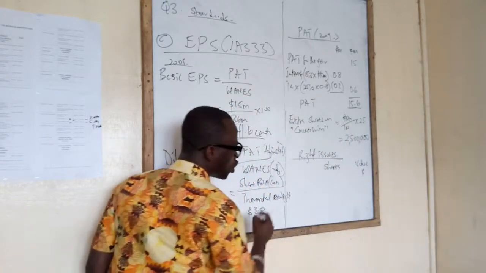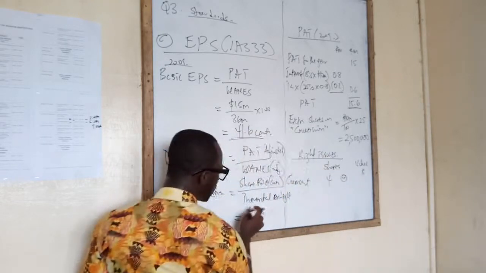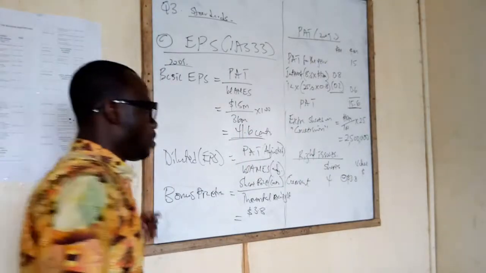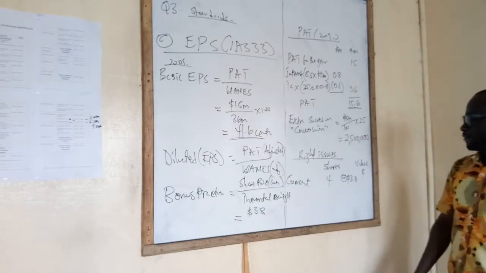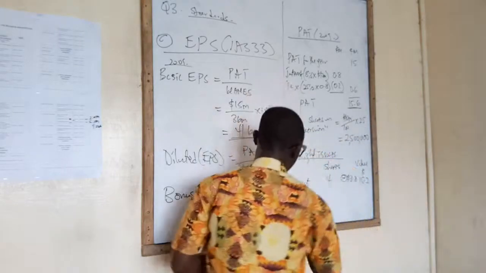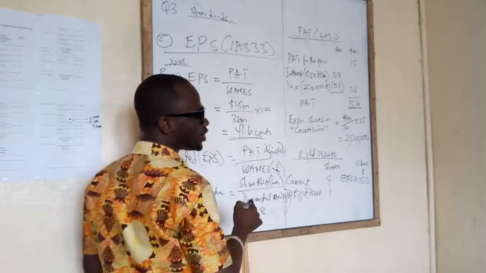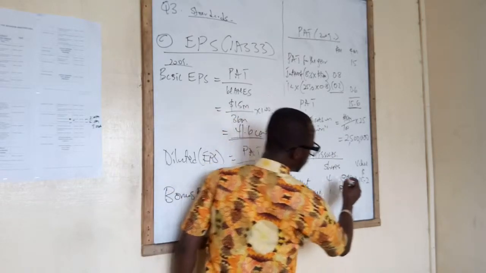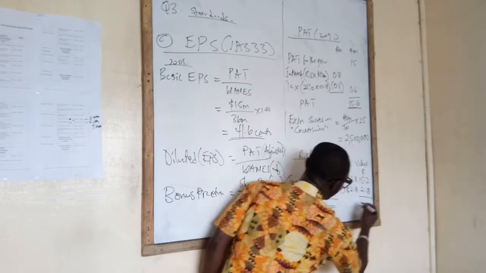Currently, if you are having 4 shares at a price of 3.8, it will be what? 15.2. Confirm. Then under the right issue, you will get an additional share at what price? 2.8.